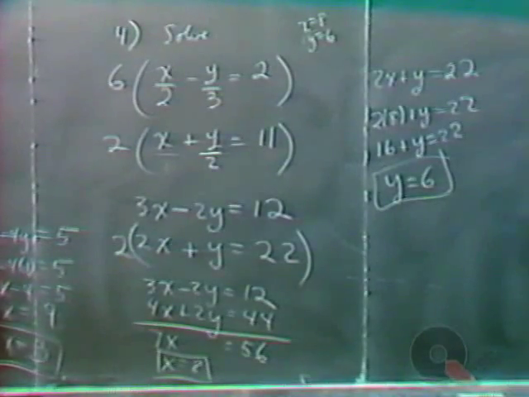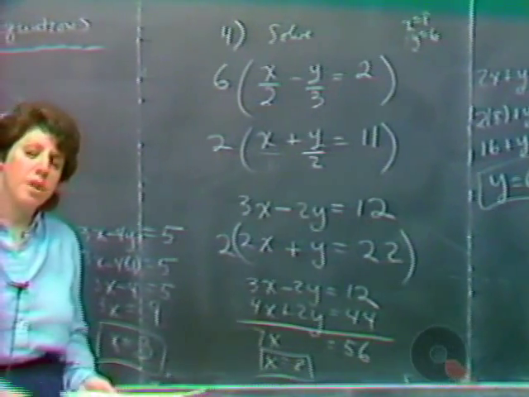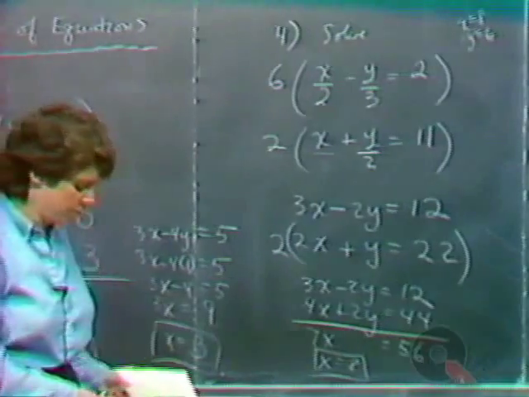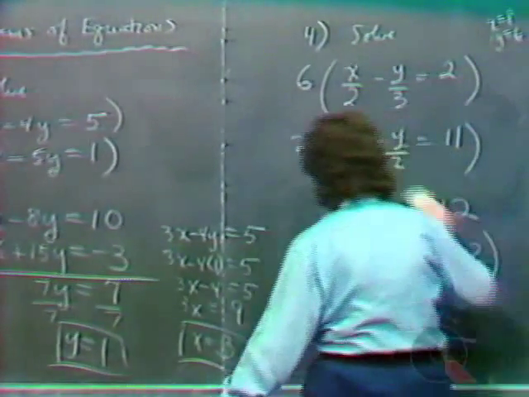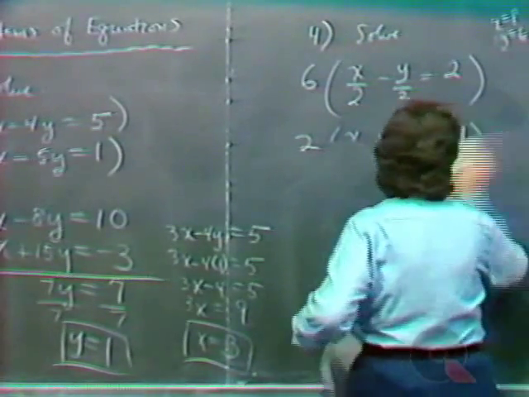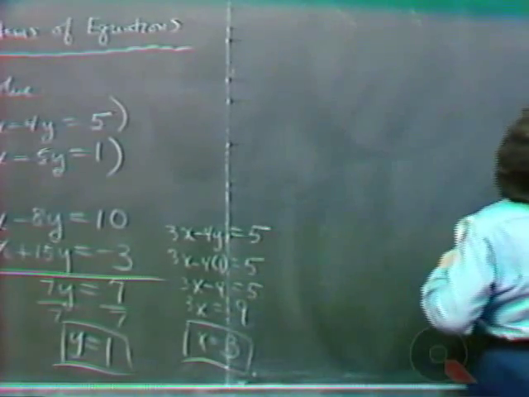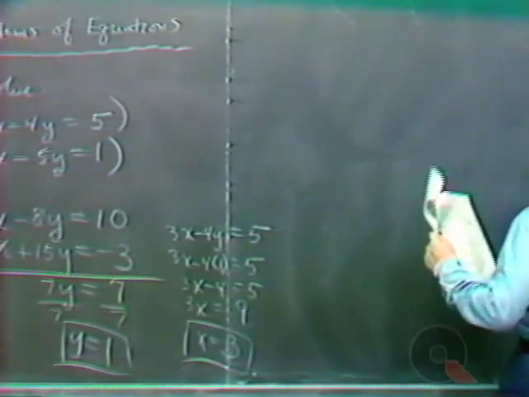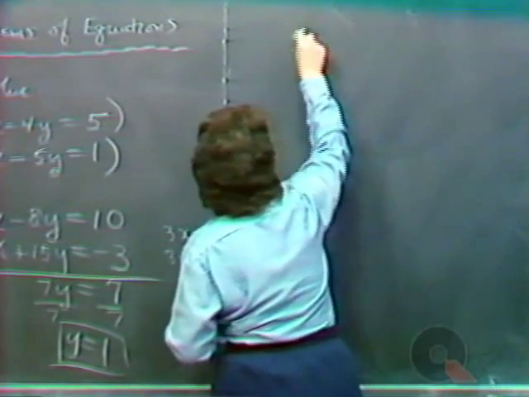Okay, now for my next example, I want to solve a system of linear equations, but this time involving 3 variables, x, y, and z. This is now example number 5.